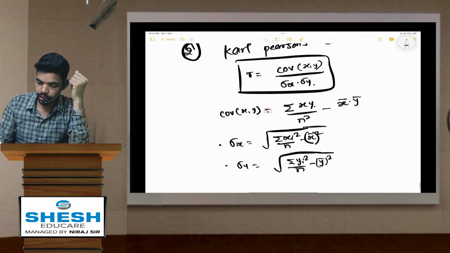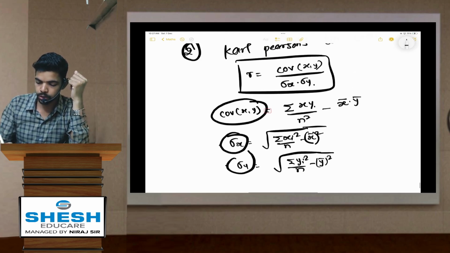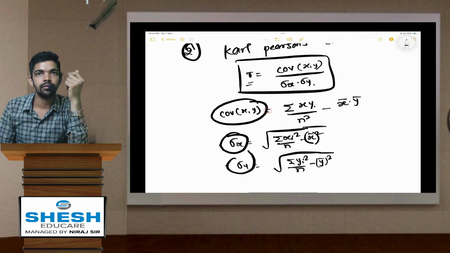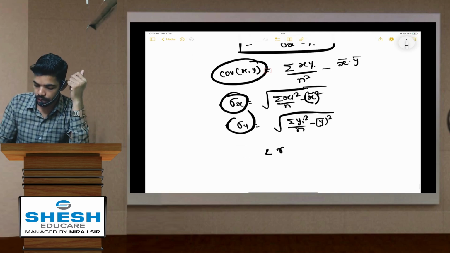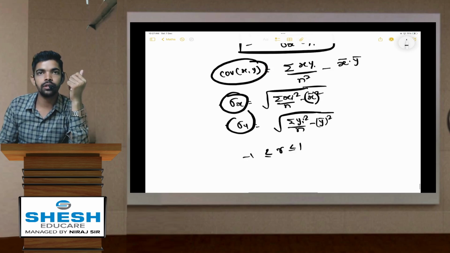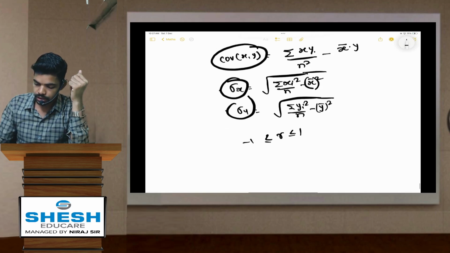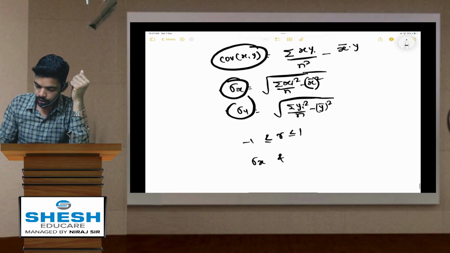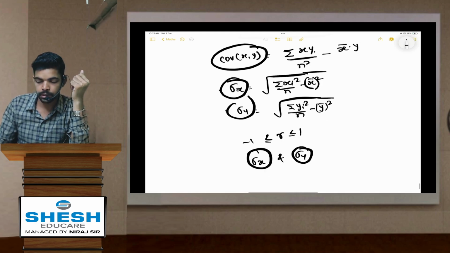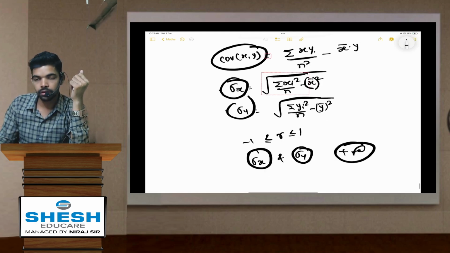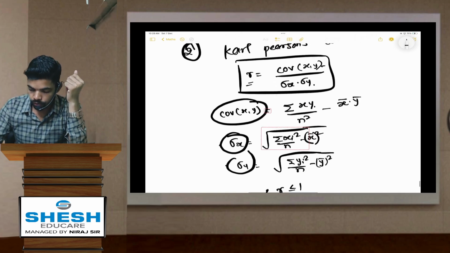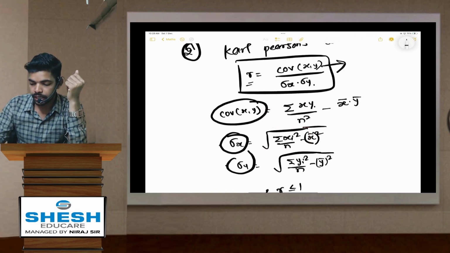Once we get the values of these three, we can substitute here and get the value. As I said, r is between -1 and 1. Since standard deviations are always positive, the covariance of x and y can be 0, positive, or negative.